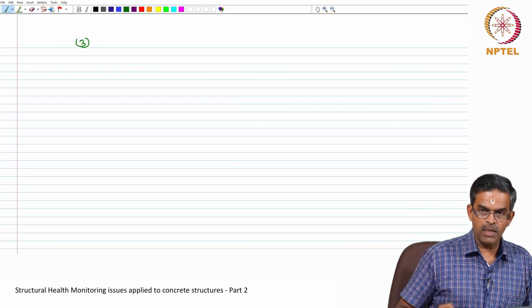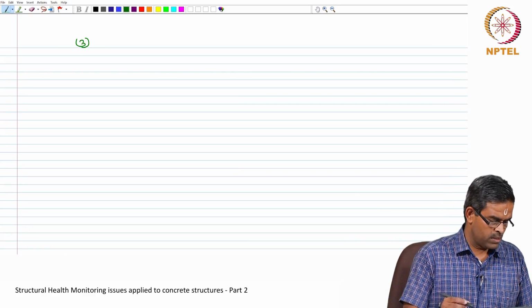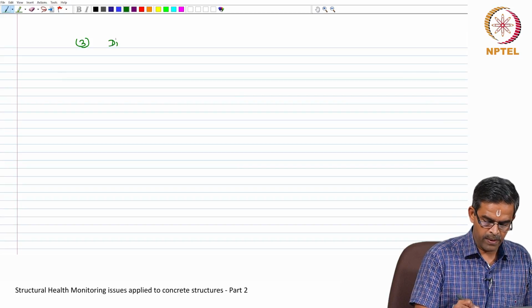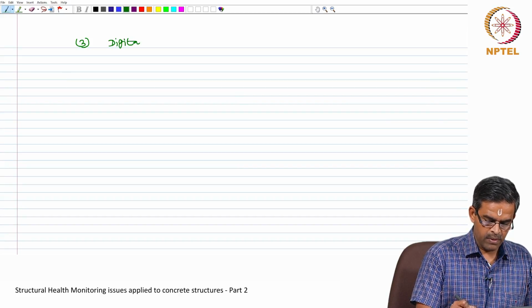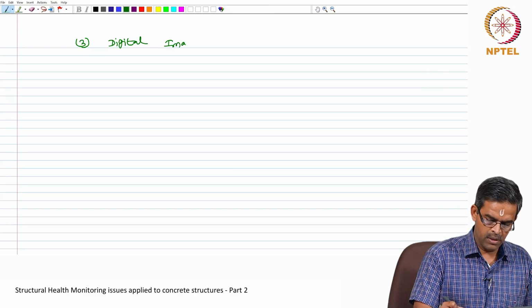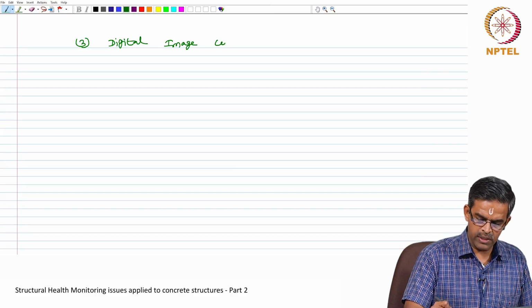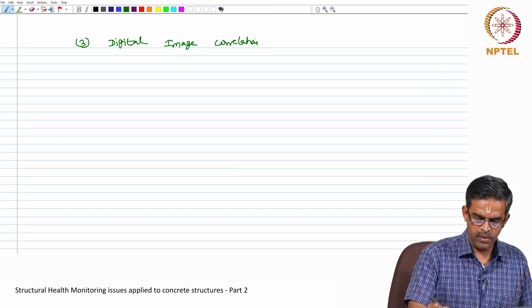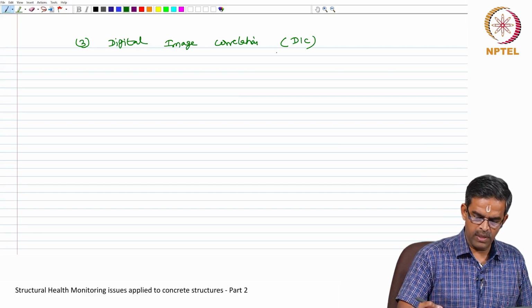The third method applicable successfully to concrete structures is digital image correlation, DIC technique.